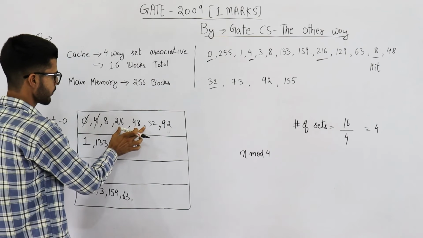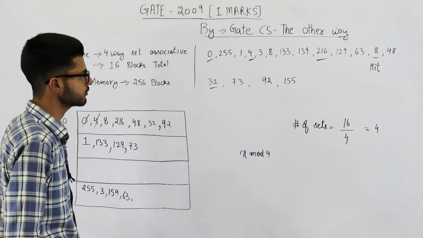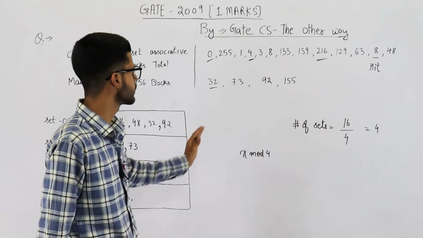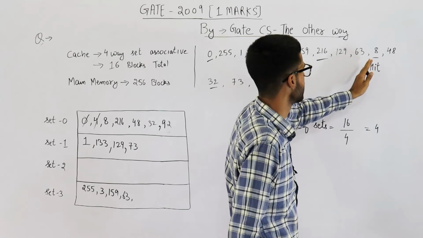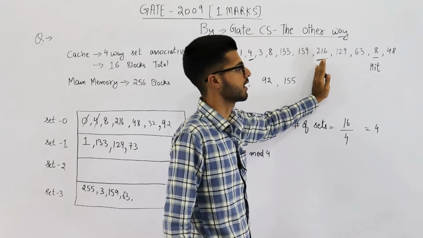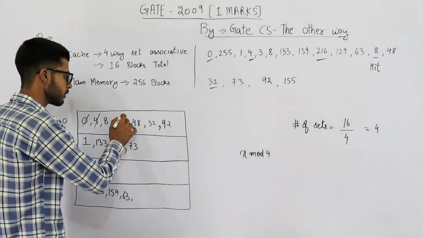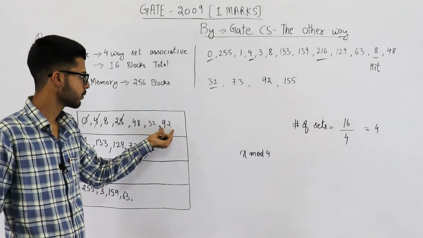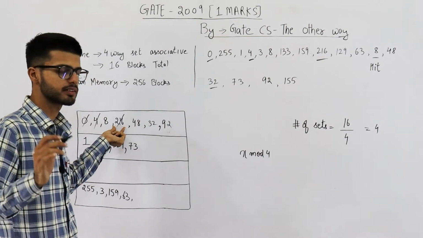Now let's see, out of 216, okay, so 32 is recently accessed. Then we have 48, then 8, then 216. You can see the least recently accessed one is 216. So out of these four, you are going to replace this one. That means to accommodate this 92, we replaced 216.